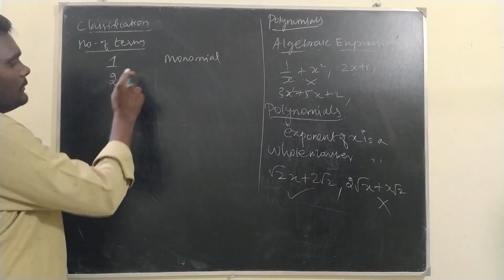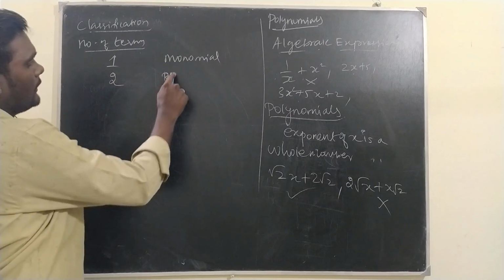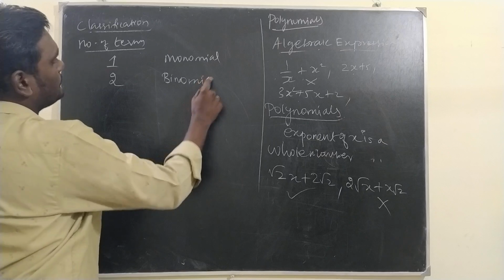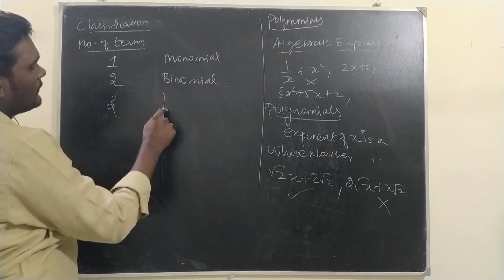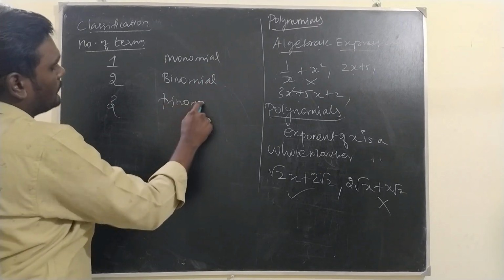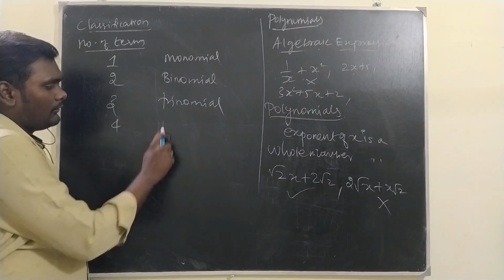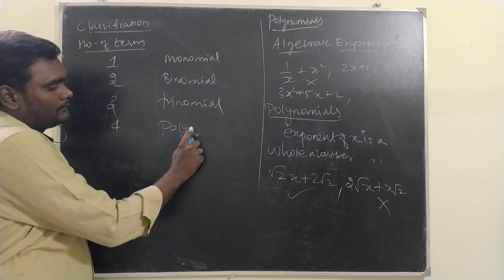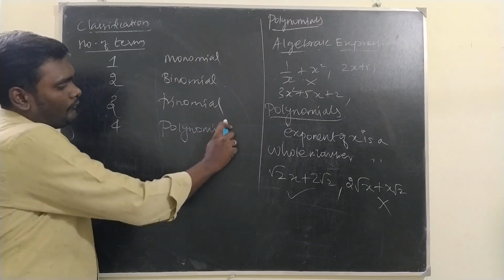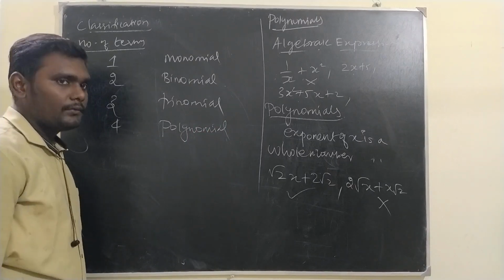If it has two terms, it is called a binomial. If it has three terms, trinomial. If it has 4 terms, simply how do we call it? Polynomial. This is the classification based on the number of terms.